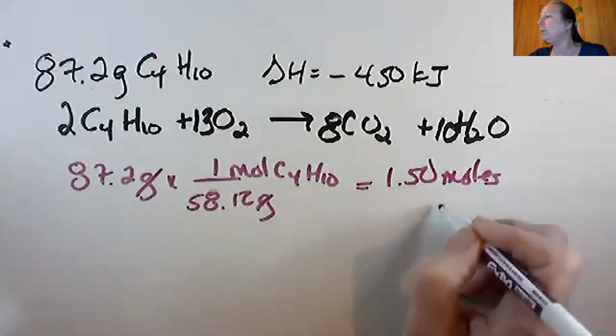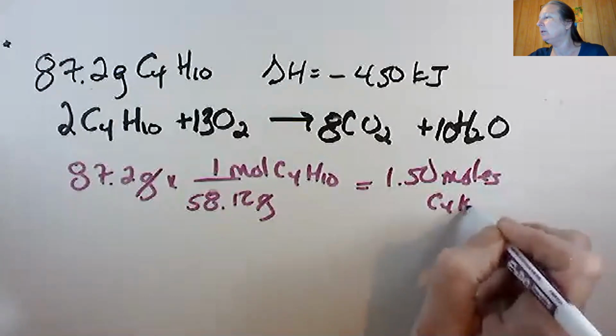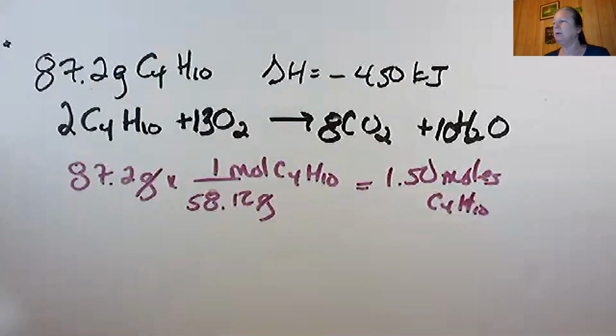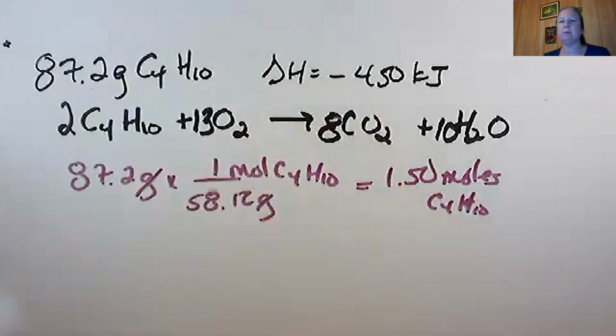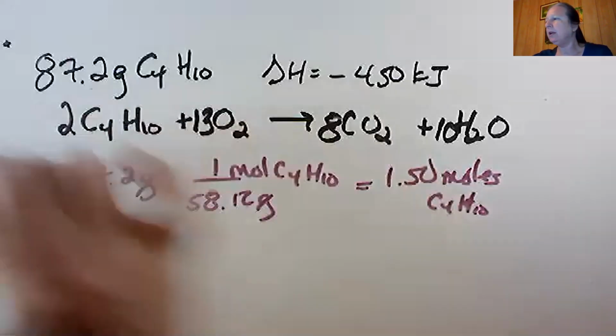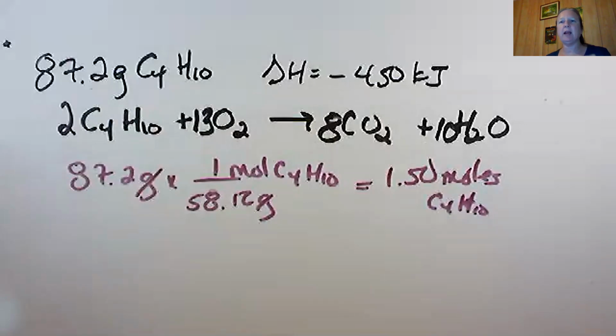Okay, now what do we do with this energy? We have this much energy released for this amount of hydrocarbon. Put it in a per mole. You want to put it in this reaction equation, but you need to put the exact amount.